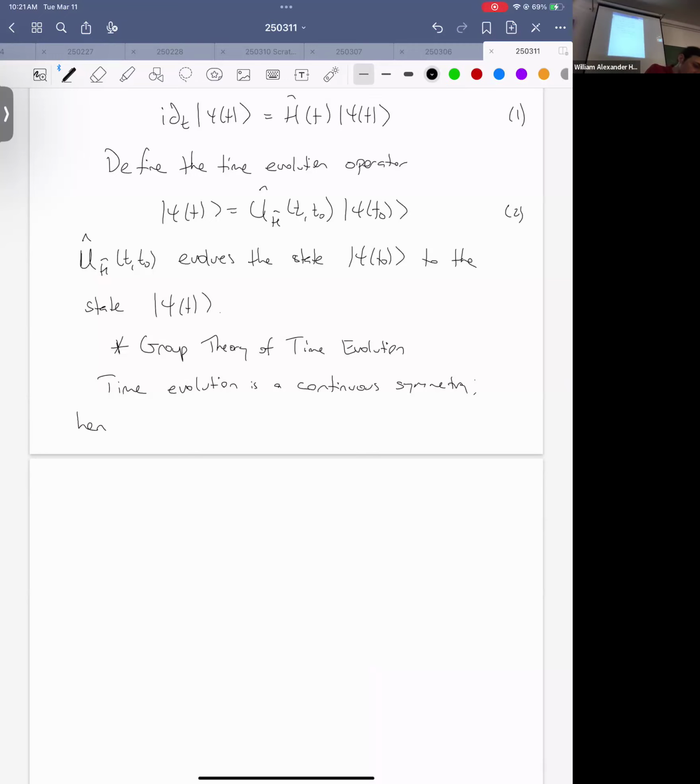So hence, this UHT0 is a linear unitary operator.